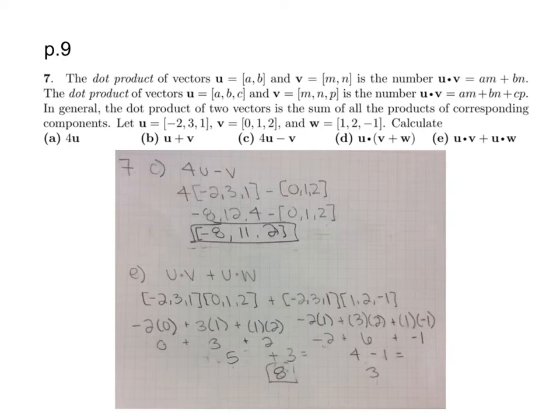And for C, it's 4u minus v, so I substituted in for u -2, 3, and 1. And I multiplied 4 times -2, and I got -8. And then 4 times 3, and I got 12. And 4 times 1, and I got 4. And then I substituted in for v, the vector 0, 1, and 2.